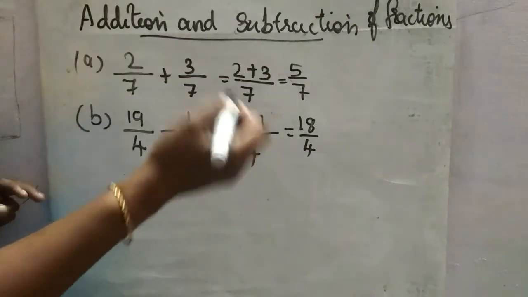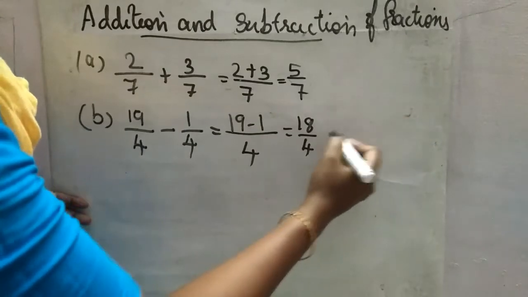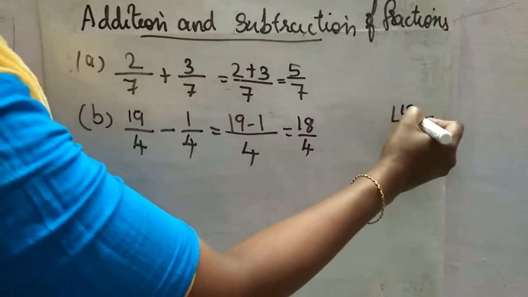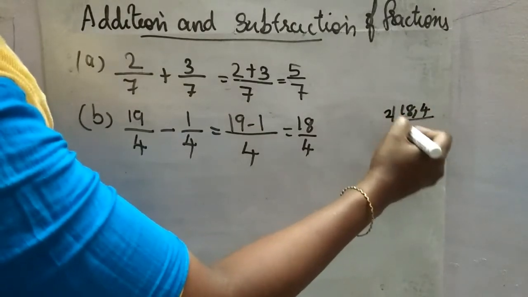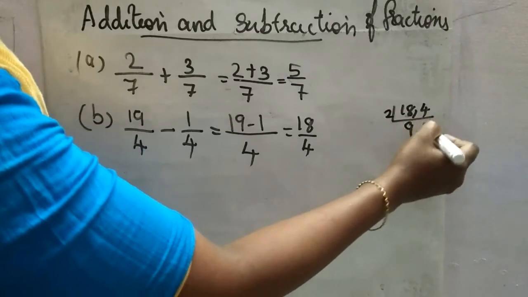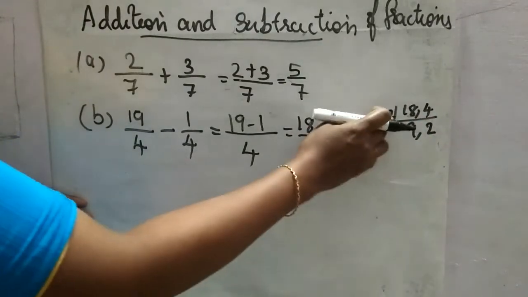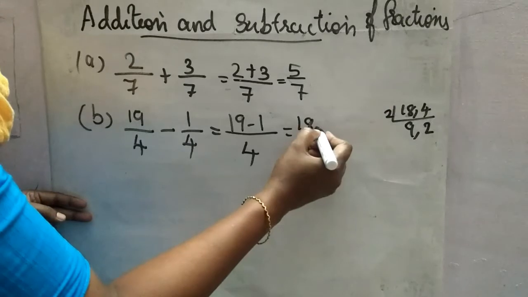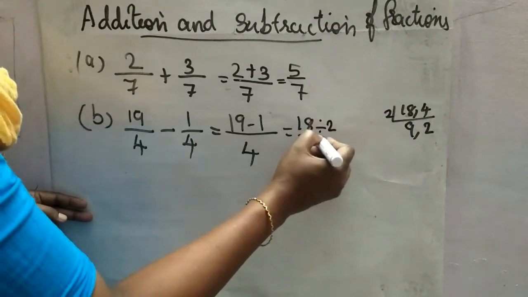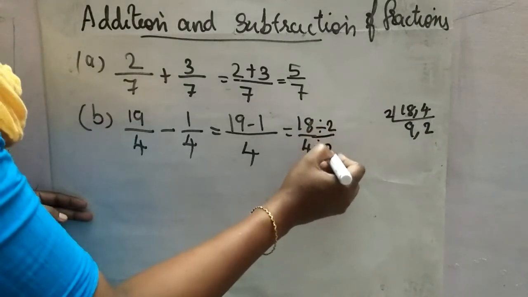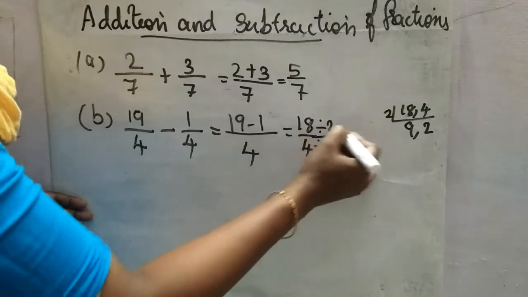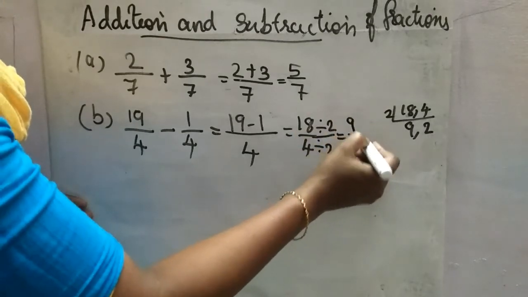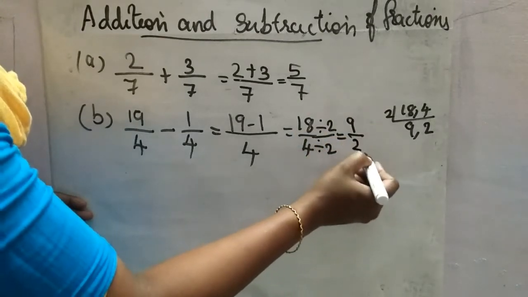That we learned in the last class, isn't it? So, find the HCF of 18 and 4: 2 and 9, and 2. So the HCF is 2. Let's divide both the numerator and denominator by 2. What did we get? Numerator is 9 and denominator is 2.